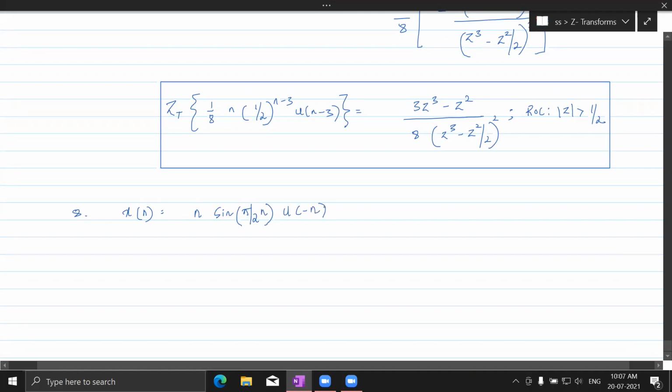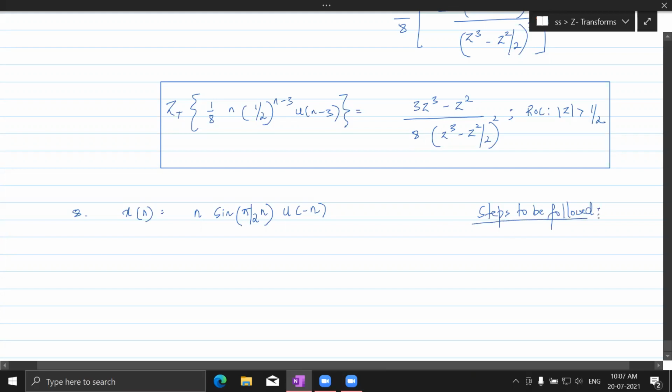So this is the problem. Here also you have time reversal, but the standard signal is this. The sinusoidal signal along with u of n is the standard signal. So let me write that. Steps to be followed is just for your reference.